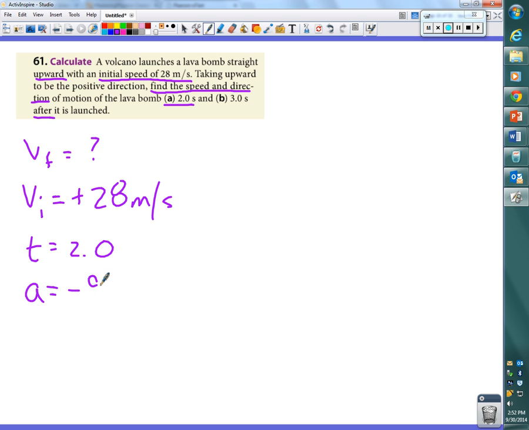Acceleration at this point, negative 9.81 meters per second squared, because it's being caused by gravity. But which way does gravity pull things? Down. And if we called up the positive direction in this problem, down is the negative direction. So we have a positive velocity and a negative acceleration. What's going to happen to the lava bomb? It's going to slow down first, okay?